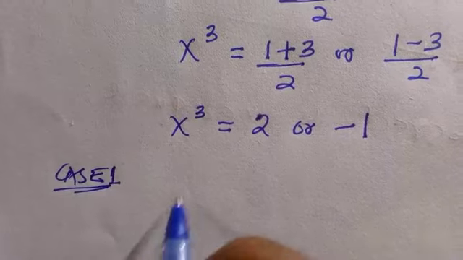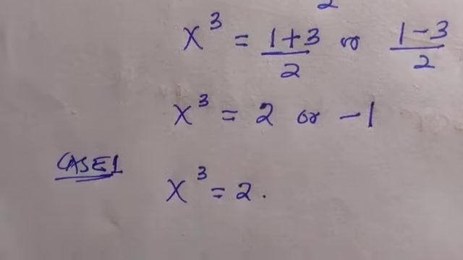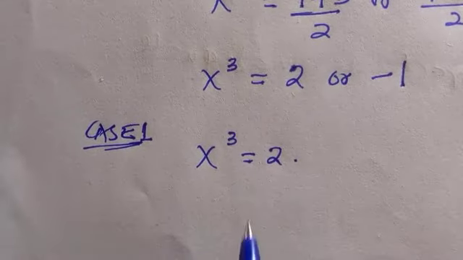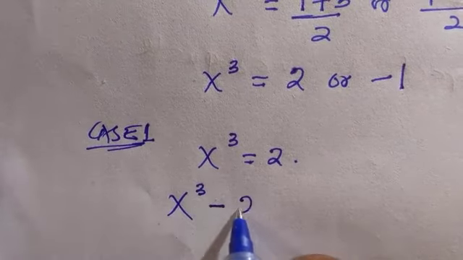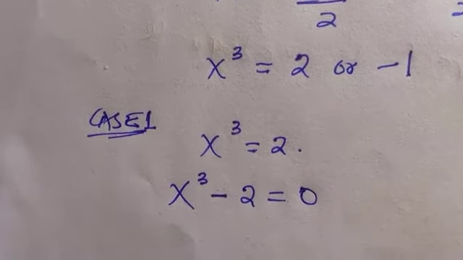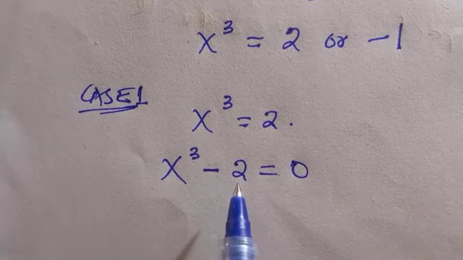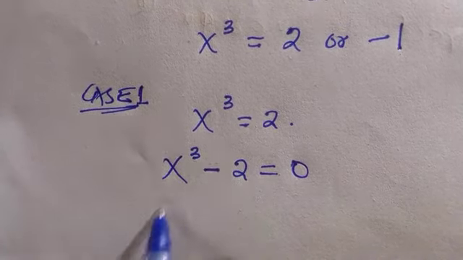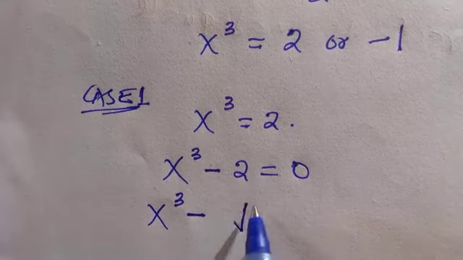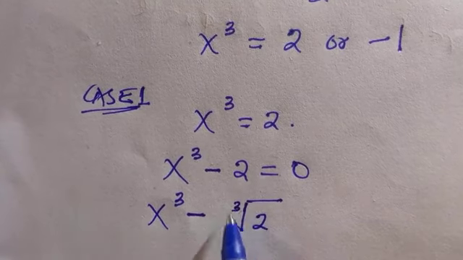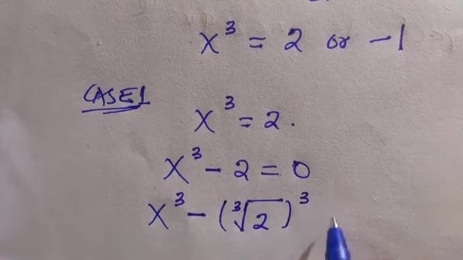So for case 1, which is x cube equals 2, to solve this, we transfer 2 to the left hand side and we have x cube minus 2 equals 0. And we can write this 2 as the cube root of 2, all to the power of 3.